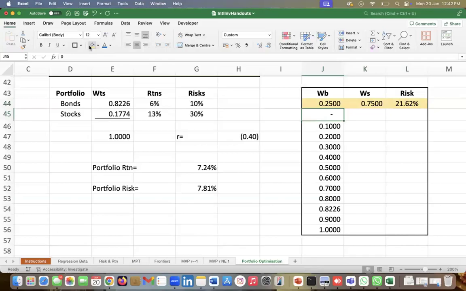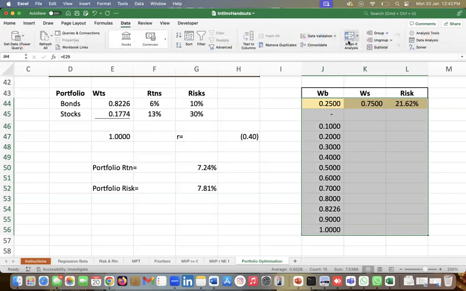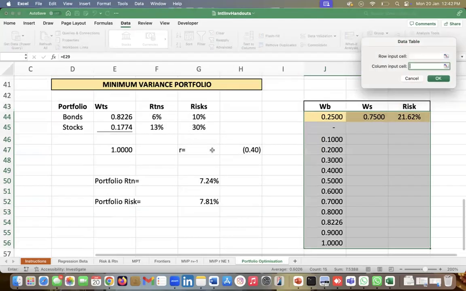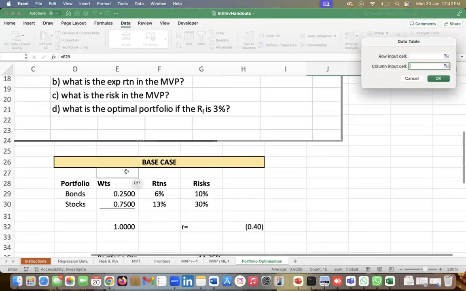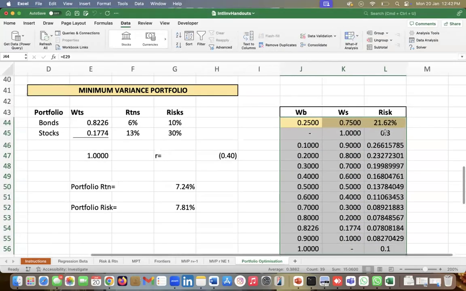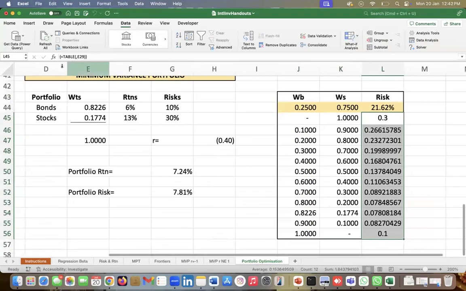And I'll solve for the data table. So if I take the data table here, and all my data is arranged in a column, the inputs, I just go and select it to the independent input, which is the weight of bonds in this current case. And I'm going to get all my risks here.